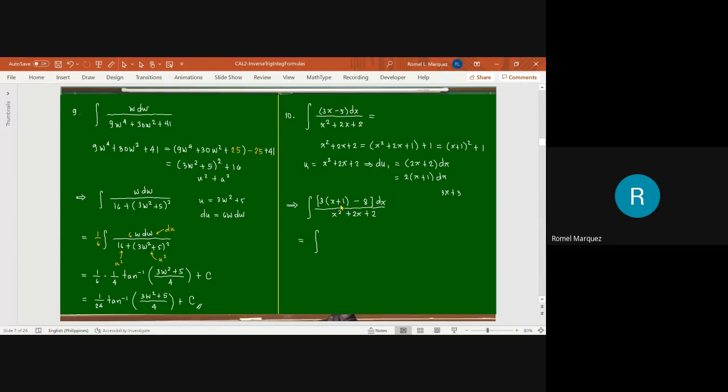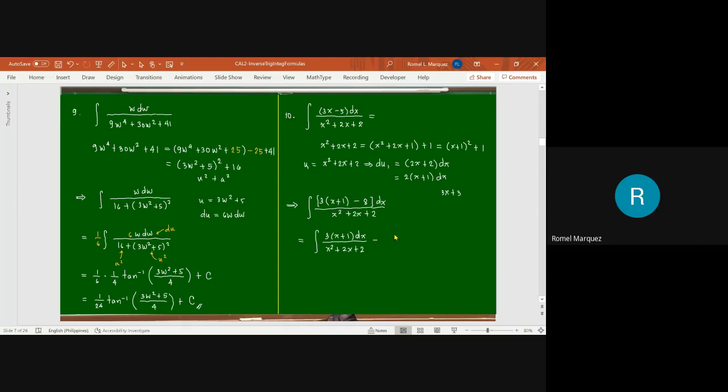Yan. 3x plus 1, 3 multiplied to x plus 1 divided by this. So 3x plus 1, that is the first integral, quantity dx, all over x squared plus 2x plus 2.